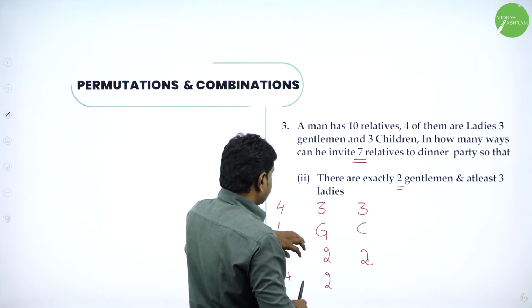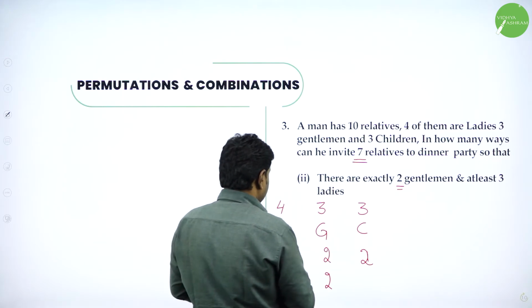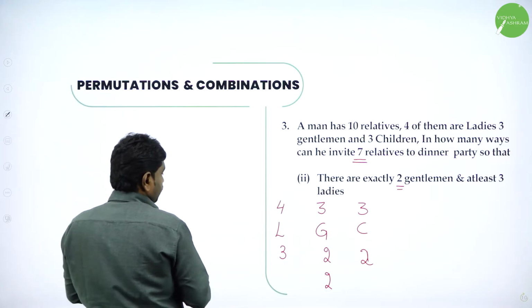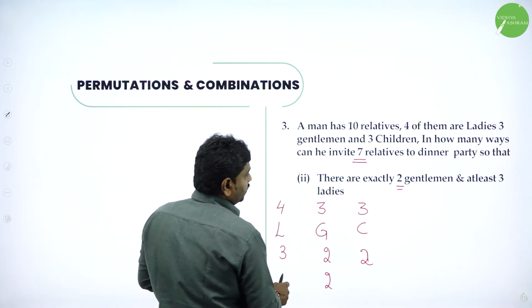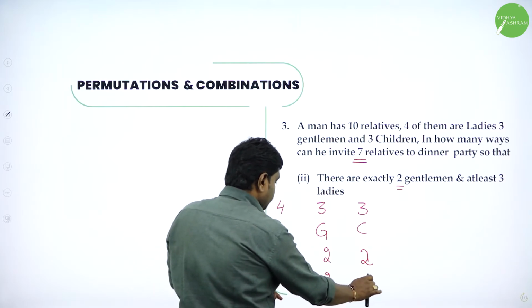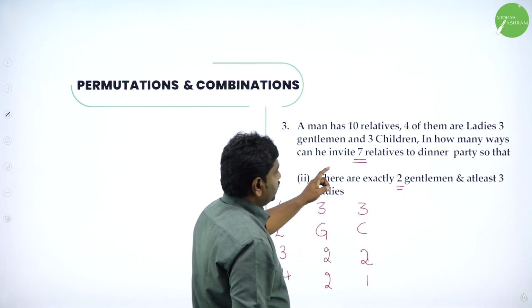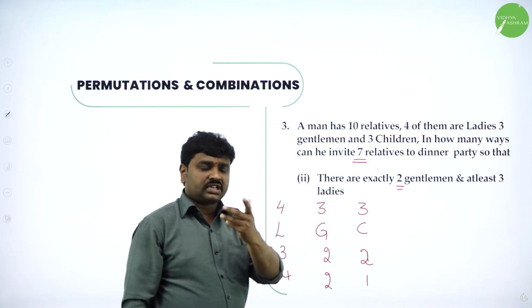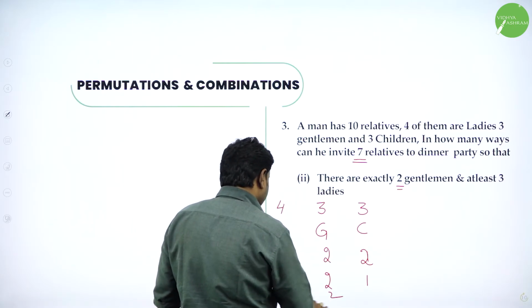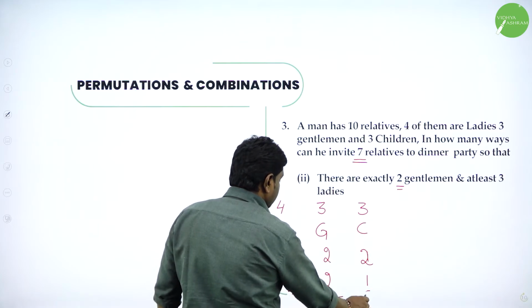I want 7. So 3 plus 2 plus 2, or exactly 2 gentlemen with 4 ladies, 4 plus 2 is 6, plus 1. He has to invite, there is no restriction. And one more combination is he can invite 2 gentlemen, 5 ladies, and no children.